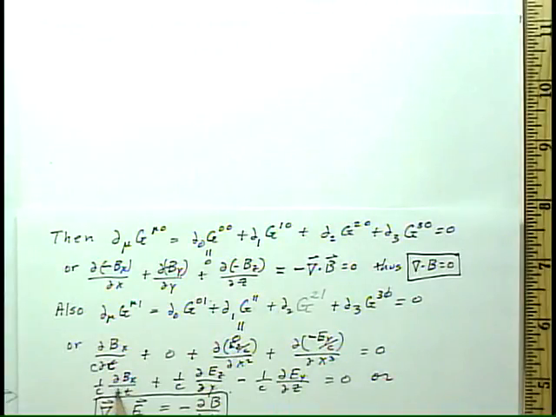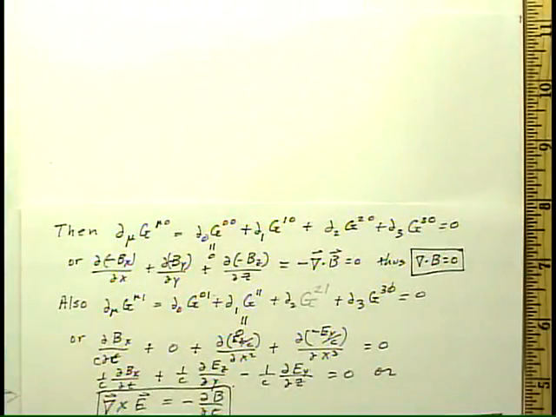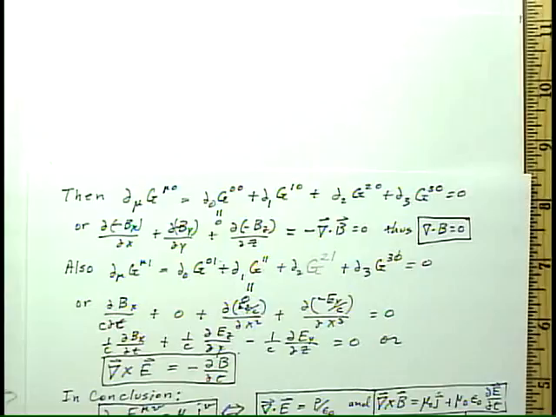Obviously then, by taking this term to the other side, that becomes a minus sign, and we're left with the x component of del cross E is equal to minus, and the 1 over c cancels through the whole equation, so that disappears, partial of B with respect to t. This is the second of the homogeneous Maxwell's equations.